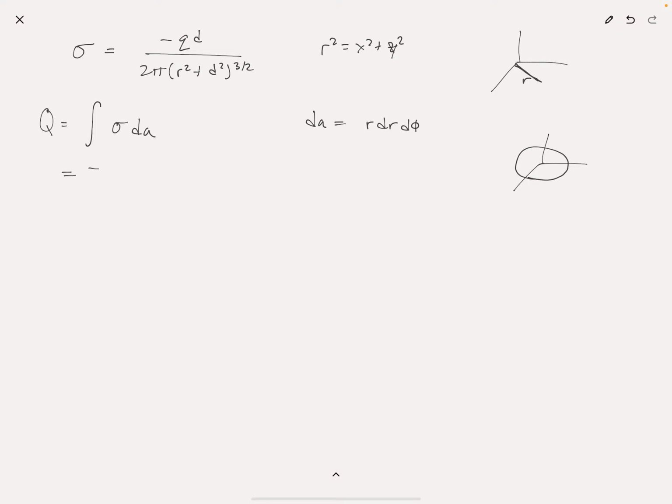I have minus qd over 2 pi times the integral of r dr d phi over (r squared plus d squared) to the 3/2, with phi from 0 to 2 pi. And then we have to integrate over the whole conductor, which is an infinite conductor, so the radius will go from 0 to infinity.